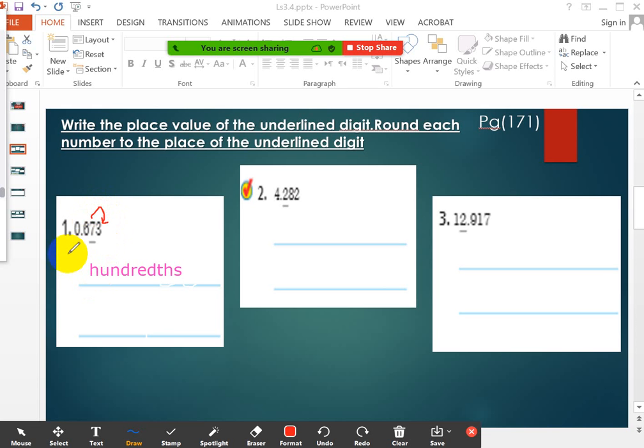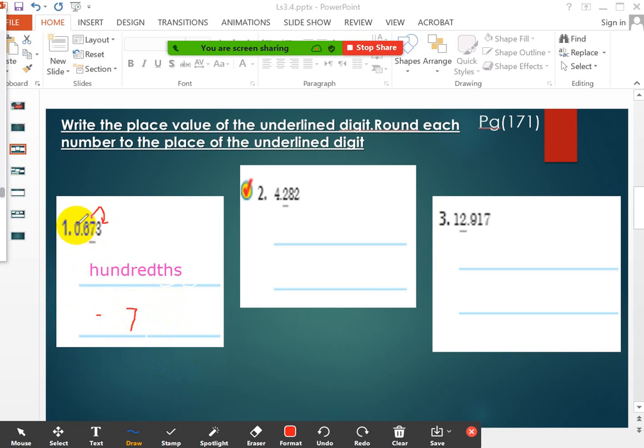The number is 3, right? 3 less or greater than 5? Less. So what do I have to do here? I will keep the same number, right? If the number is less than 5, I will keep the number in the hundreds as it is, right? And the digit before it will be 0. I will not write the 0 in a decimal number because this 0 has no value.